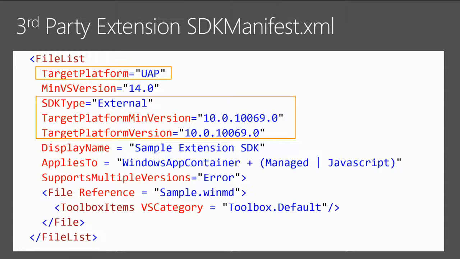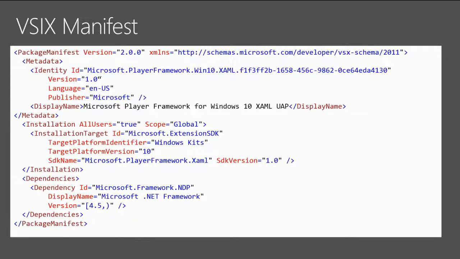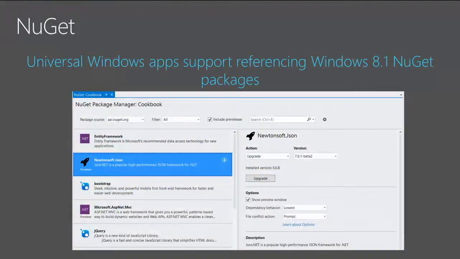If you are installing your SDK as part of a VSIX manifest or Visual Studio Extensibility installer, you have to set the target platform identifier as Windows Kits and target platform version as 10. That's how the VSIX installer knows where to install the SDKs. Not very interesting, except for those few folks who actually build extension SDKs.